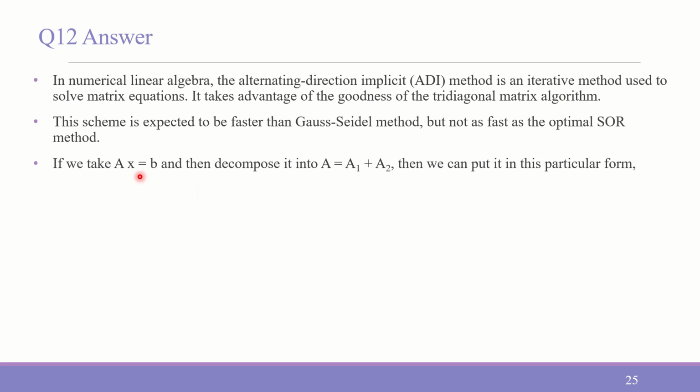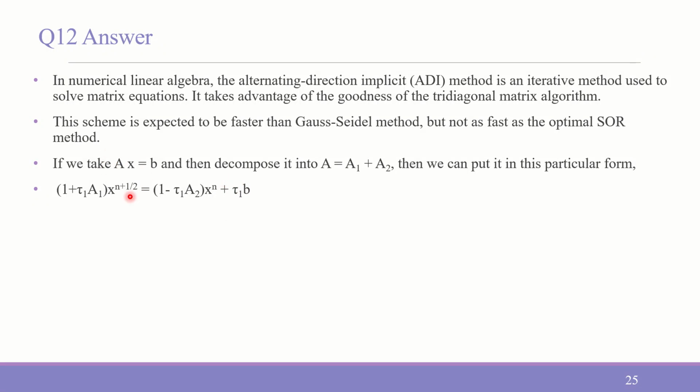If we take Ax equals B, we decompose A into A1 and A2, A equals A1 plus A2, and we can put it in this form: (1 plus tau 1 A1) x at n plus 1 by 2 equals (1 minus tau 1 A2) x at the nth iteration plus tau 1 b.